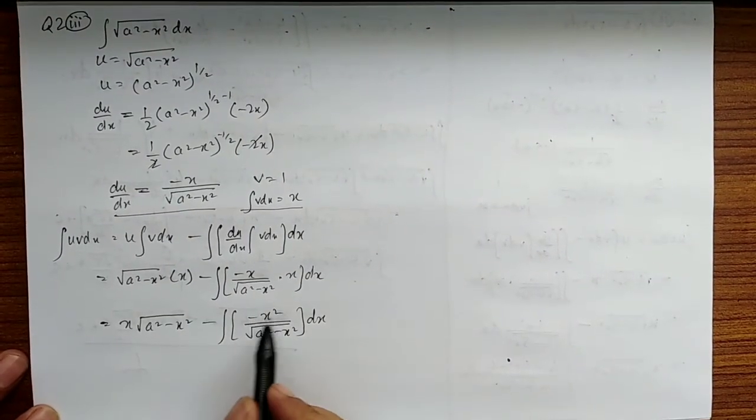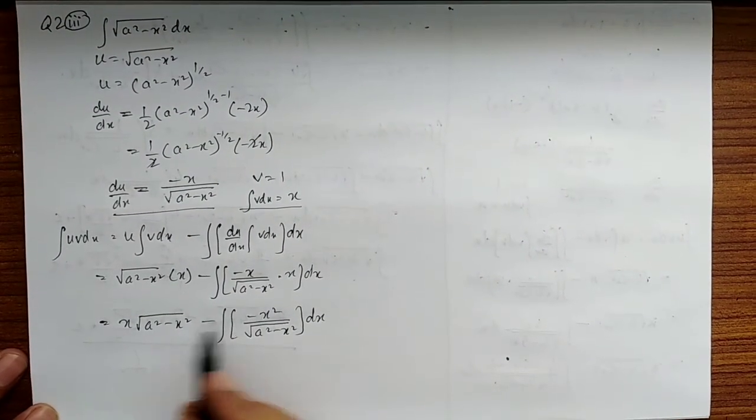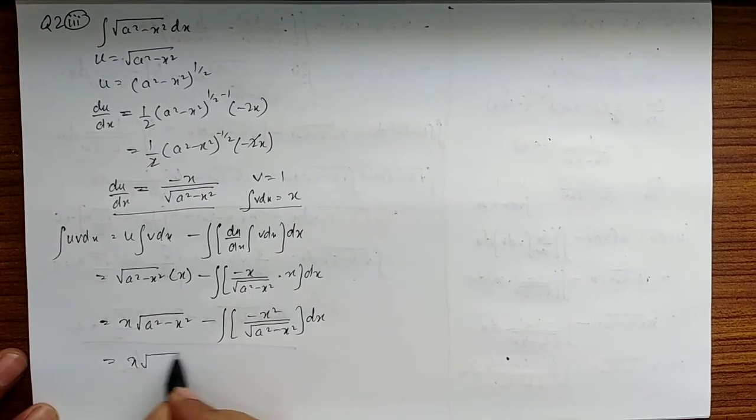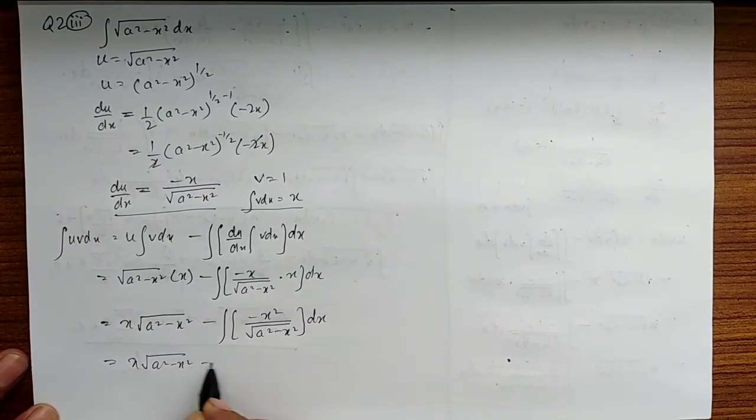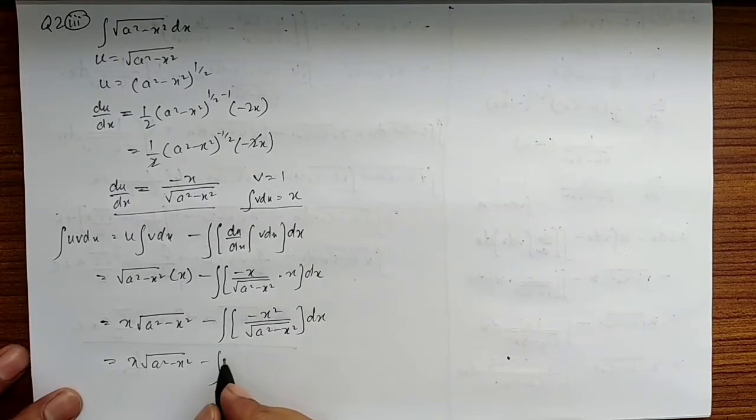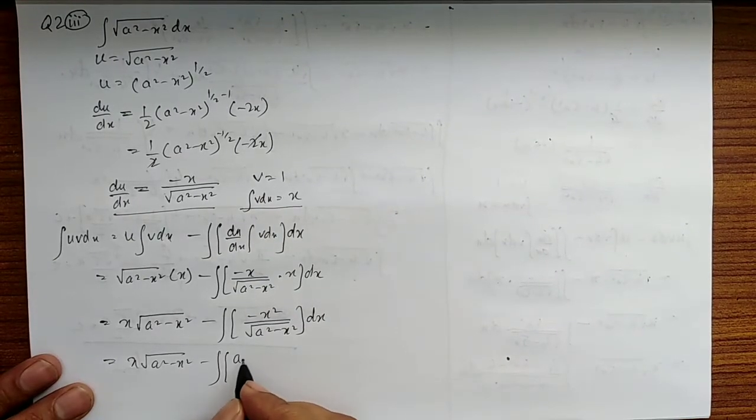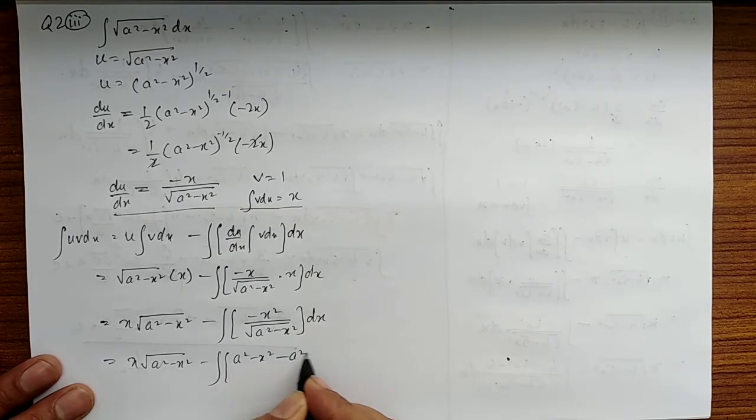Adding and subtracting a square in this part, what we obtain is a square minus x square minus a square, the whole divided by root of a square minus x square dx.